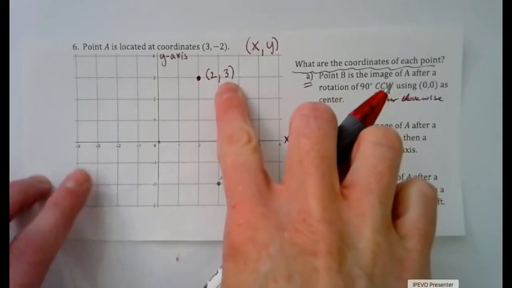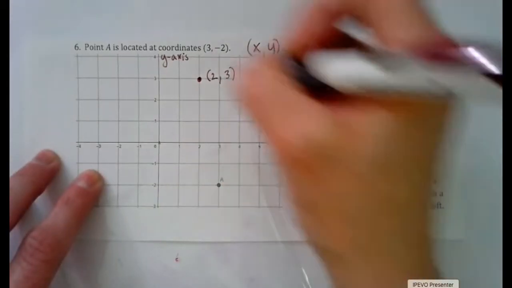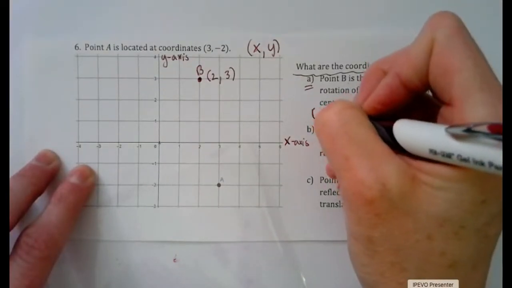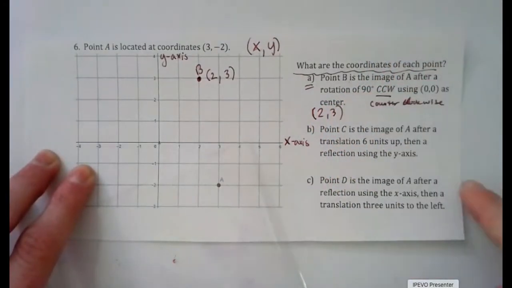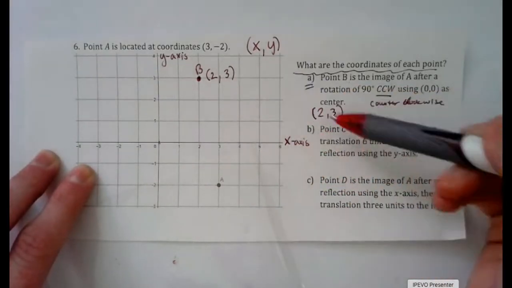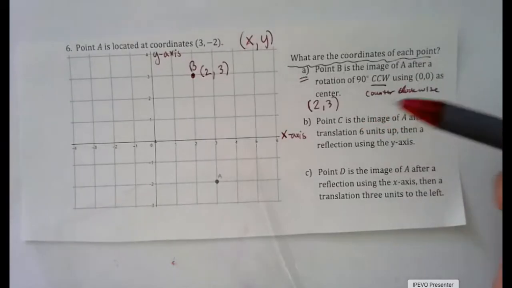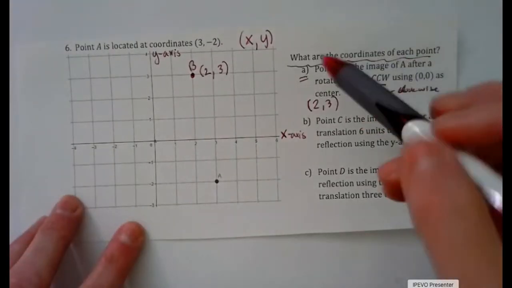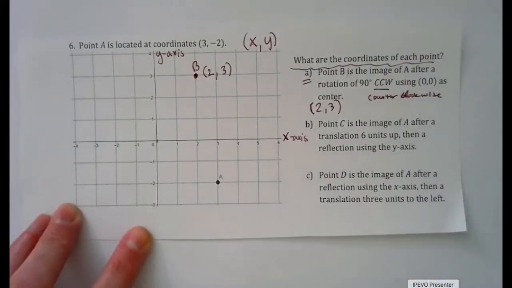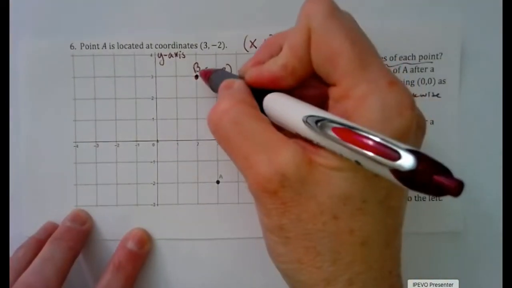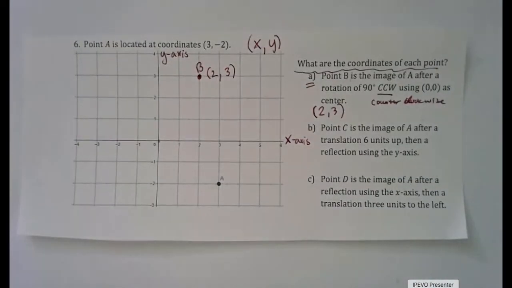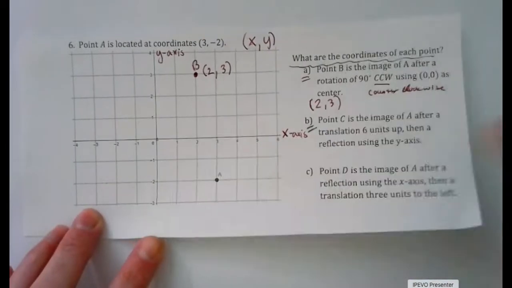So you could write your ordered pair here, or you could label it here. So either here or here, but somewhere I've got to see 2, 3. If you draw your point, make sure you label it. You could even just label this B and write your ordered pair over here. That's okay too.